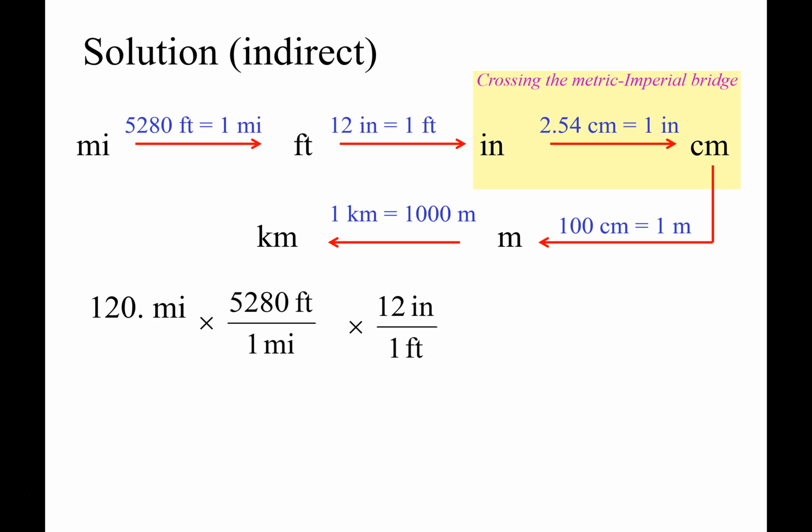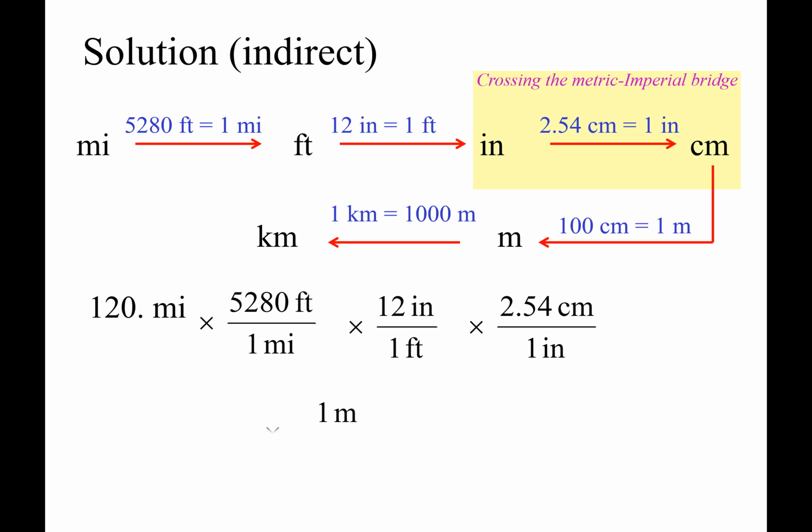How can we use this centimeters and inches relationship to make inches cancel? 2.54 centimeters over 1 inch. You got it. Now inches canceled, we have units of centimeters. So how can I use this down here to get to meters from centimeters? 1 meter over 100 centimeters.